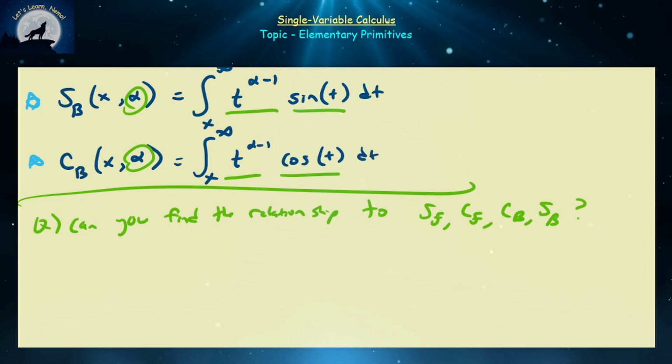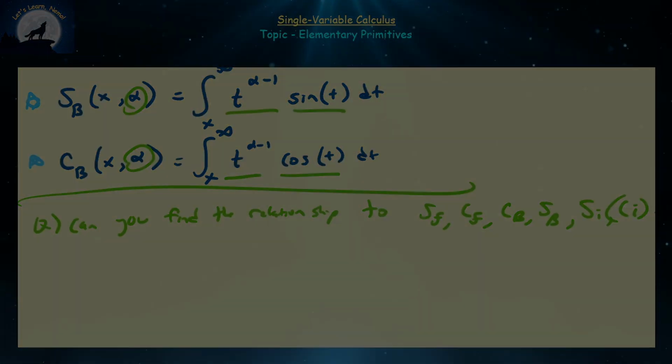So is there a connection between these Böhmer and Fresnel integrals? And also let's throw in the other characters, for example SI and maybe even CI, if you want to look that up and see what the connection is between all of these six. So I think those will be good exercises to explore on your own.